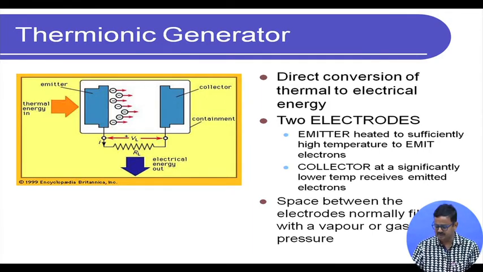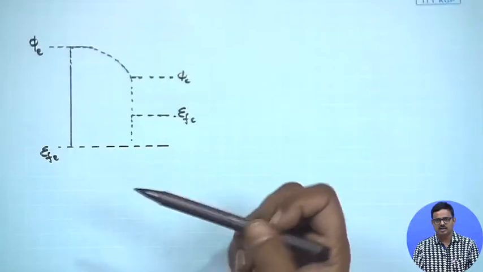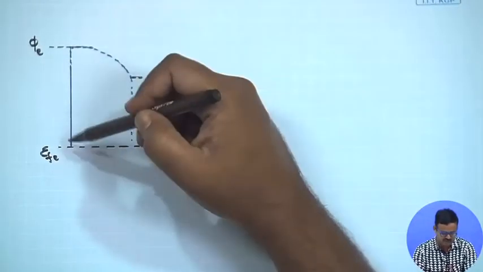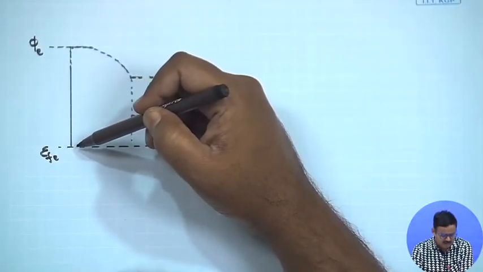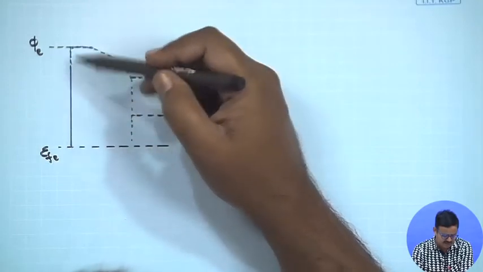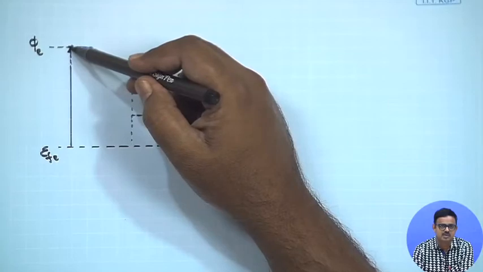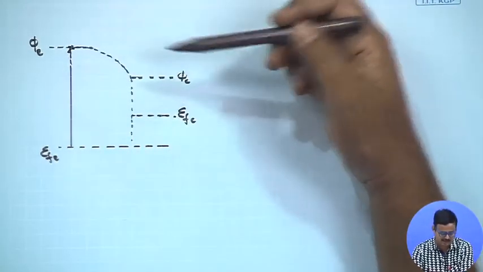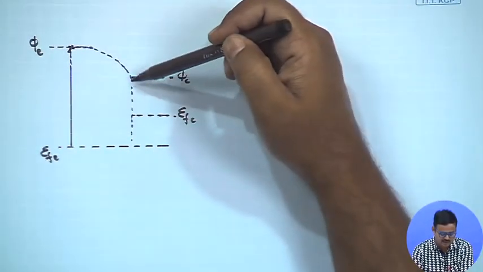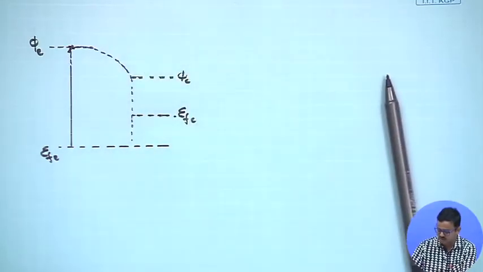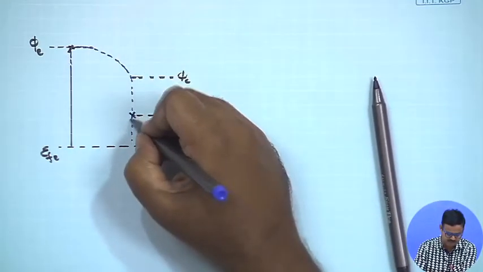If you look at the sketch I have drawn, it is similar to what we drew last time. At the emitter surface, the electrons attain an energy level equal to or higher than the work function, so they detach and come towards the collector, where they settle down to the Fermi level.